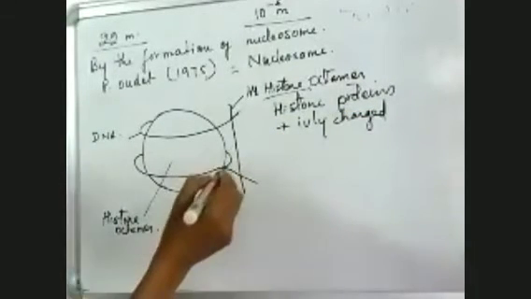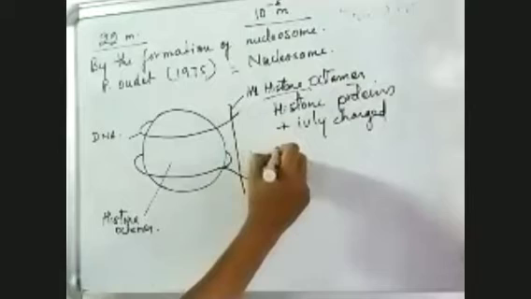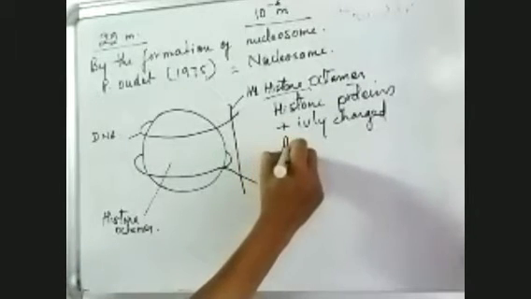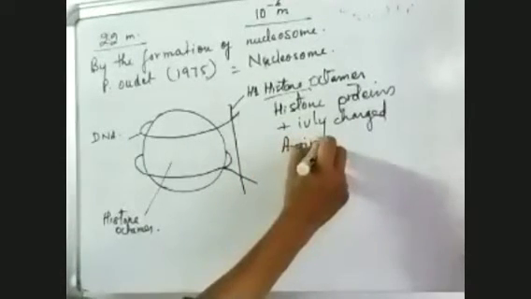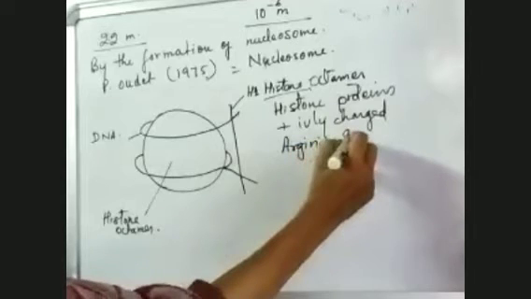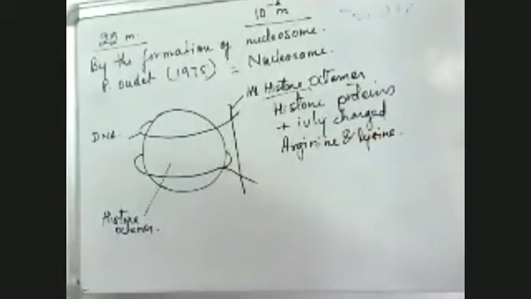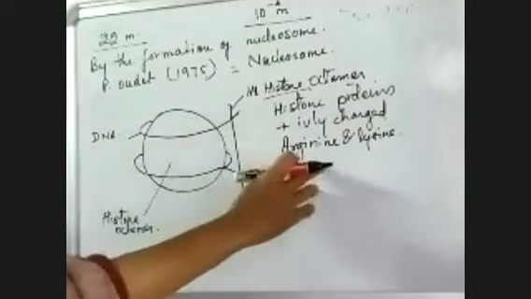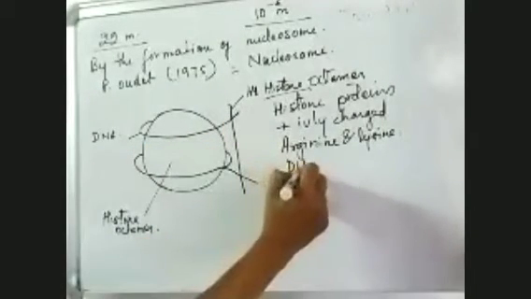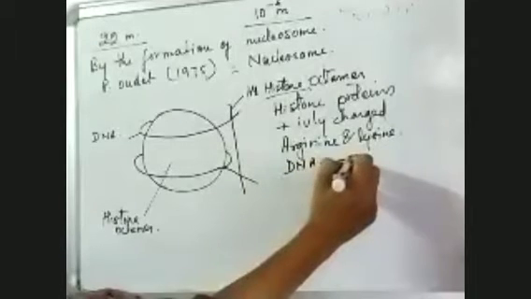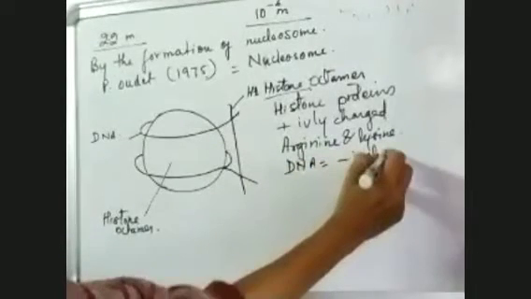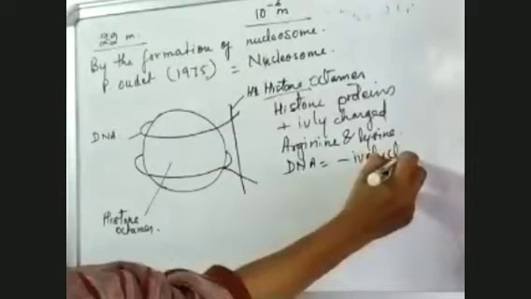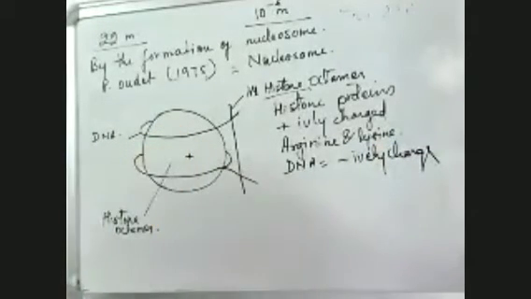So the histone octamer is positively charged, because it is rich in the positively charged amino acids arginine and lysine. DNA is negatively charged. So what happens? Positive and negative charges attract, so there is an attachment.